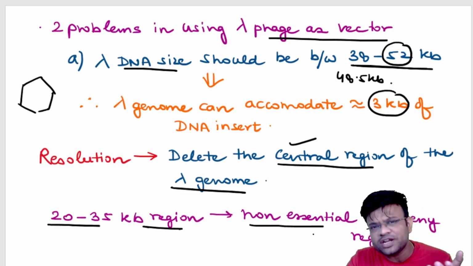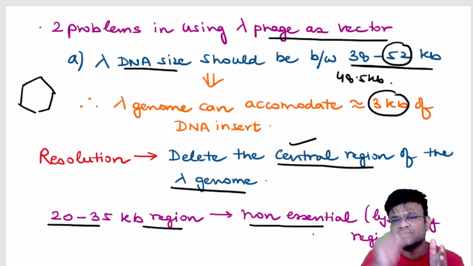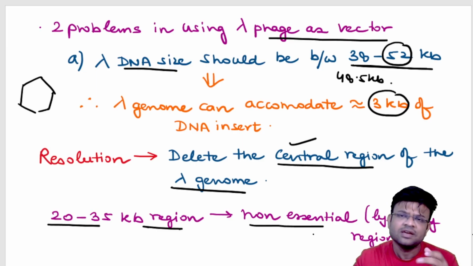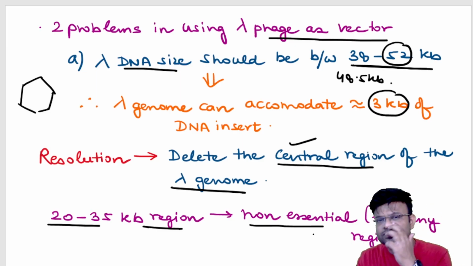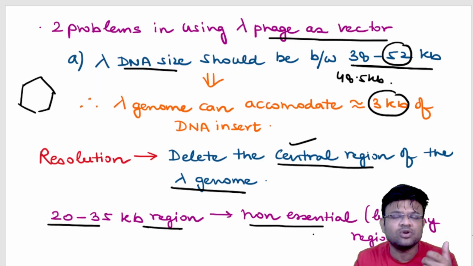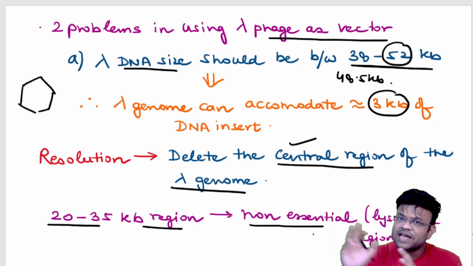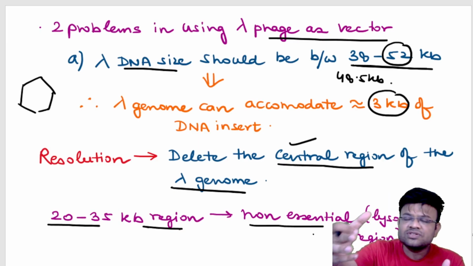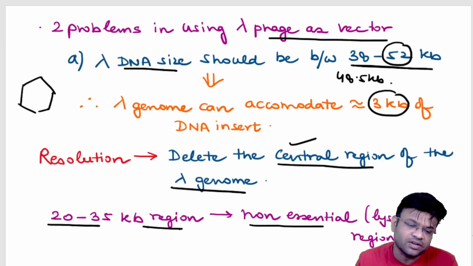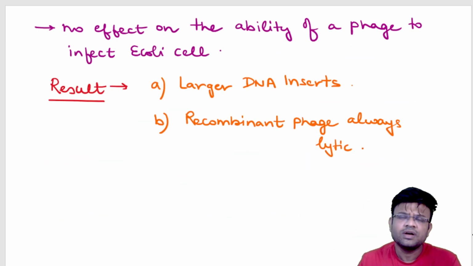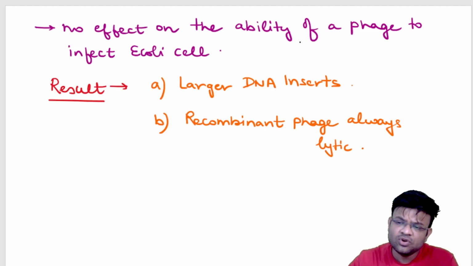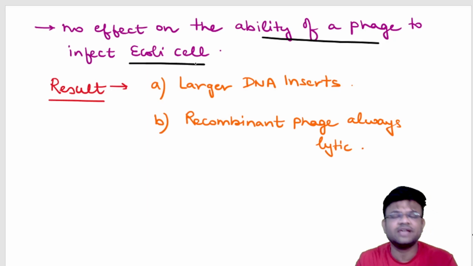Lysogenic cycle. I've already told you that virus can go through lytic cycle or lysogenic cycle. Suppose we are removing this, then the virus will not be able to undergo the lysogenic cycle. We do not care about that. So this region can be deleted, and in place of this region we can put our gene of interest. So if you do this, there will be no effect on the ability of a phage to infect E. coli cells.